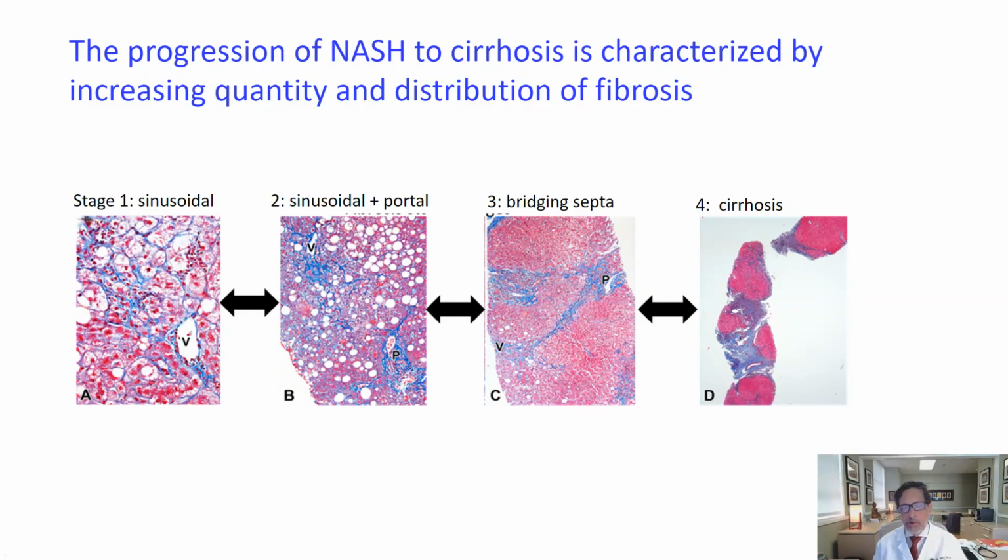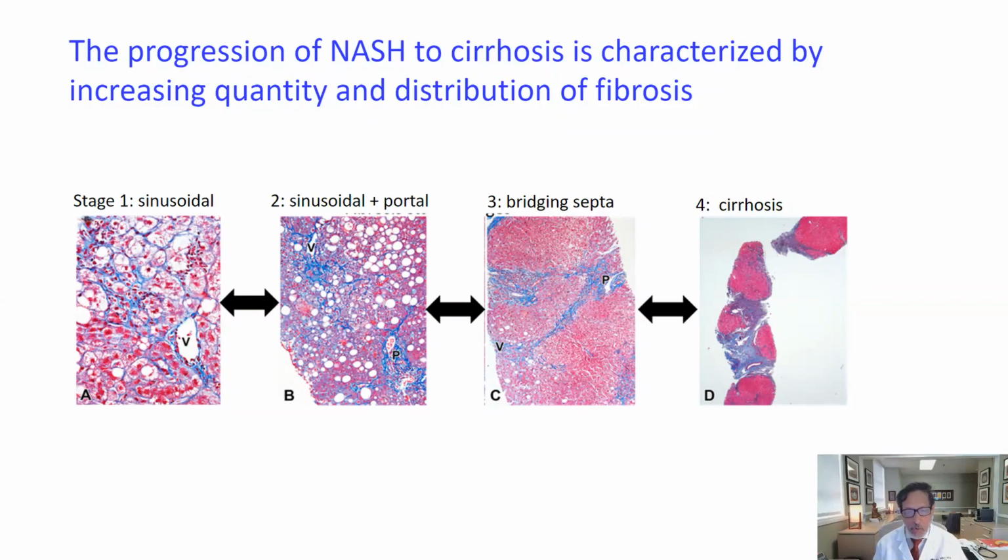And when we think about the various stages of fibrosis, the stages of fibrosis progressively capture not only the amount of scar tissue, which in a trichrome stained liver biopsy slide is shown in blue, but also the distribution of the fibrosis, where, as you can see, it is initially in the sinusoids and then progressively involves both the portal areas.